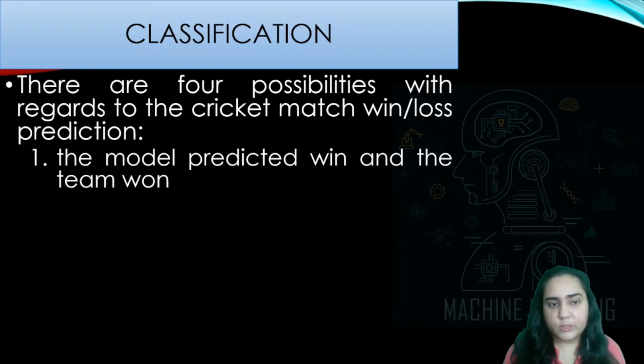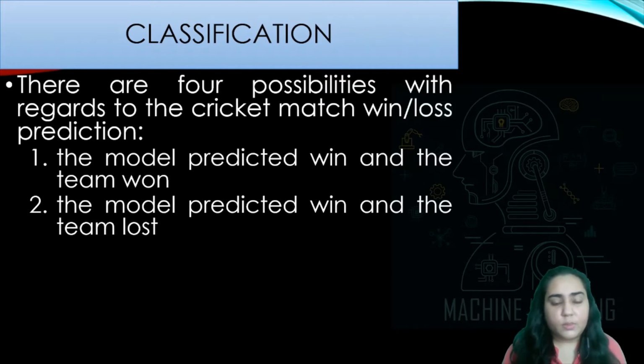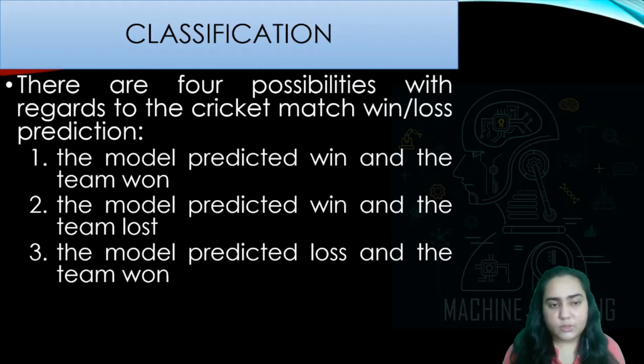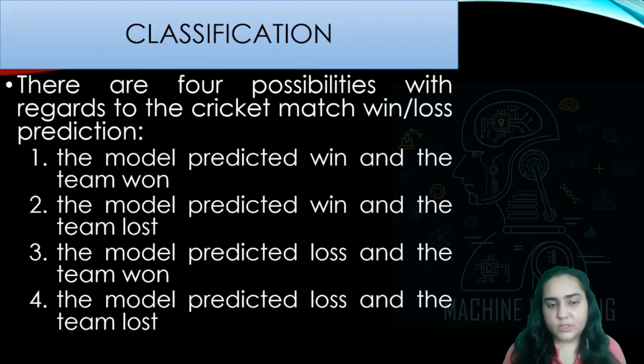The first possibility is that the model predicted the team will win and the team won. The model predicted the team would win and the team lost. The third possibility is that the model predicted the team would lose, but the team won. And the last possibility is that the model predicted that the team would lose and the team did in fact lose. So these are the possibilities.